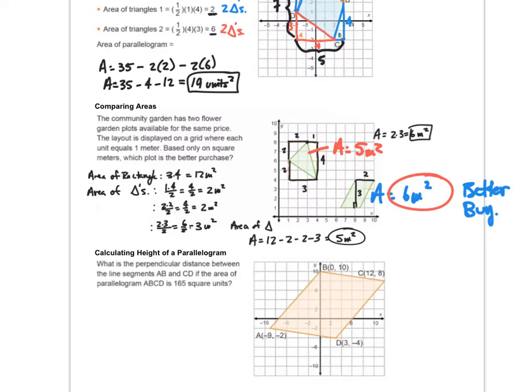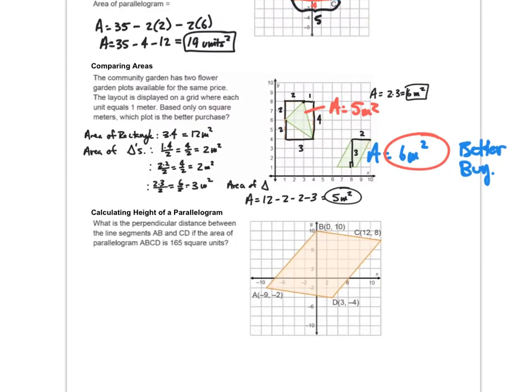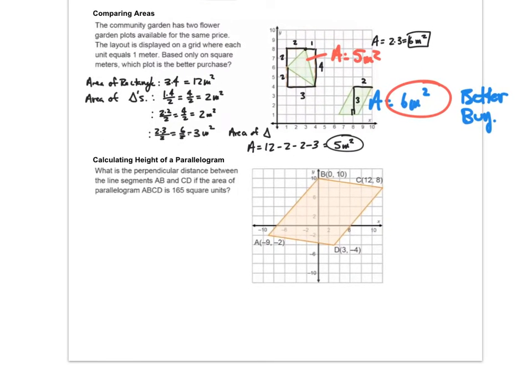All right. So let's take a look. We've kind of talked about using the box method and using coordinate geometry to do this. But if you were given something like this, it says, what is the perpendicular distance between the line segments AB and CD if the area of the parallelogram is 165 square units?